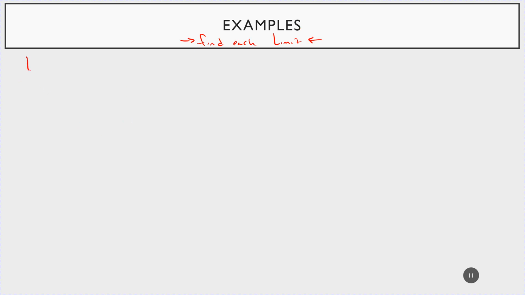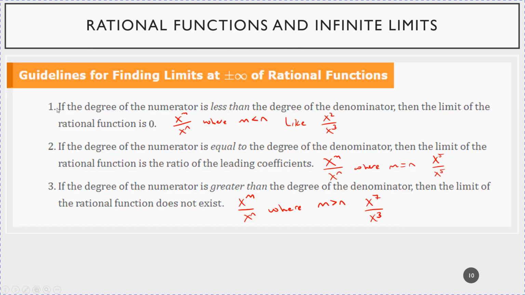Let's look at the limit as x goes to infinity of 2x minus 1 over 4x squared plus 1. Well, look here. The degree of the numerator is less than the degree of the denominator. So this is just going to be equal to 0. That's it. You can just very easily look at it and say, okay, this is option number 1 on the previous slide.